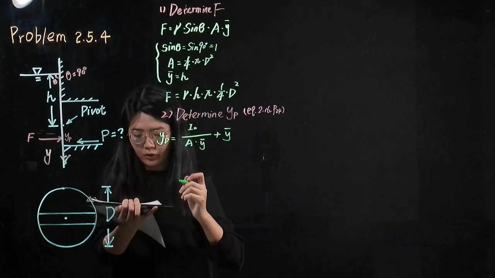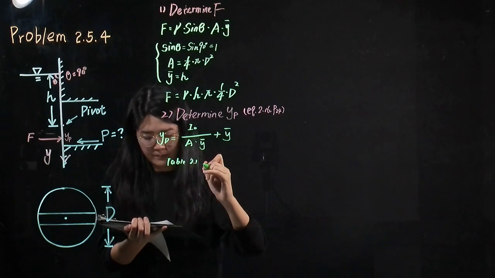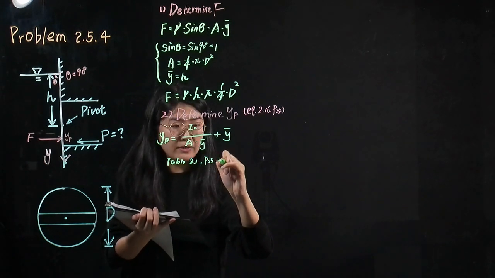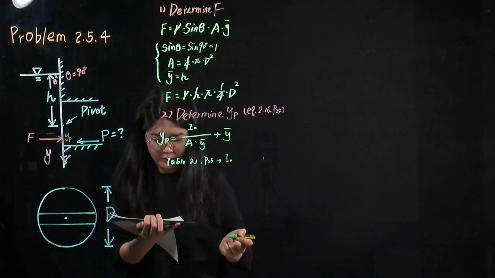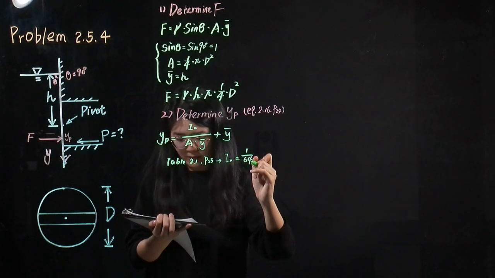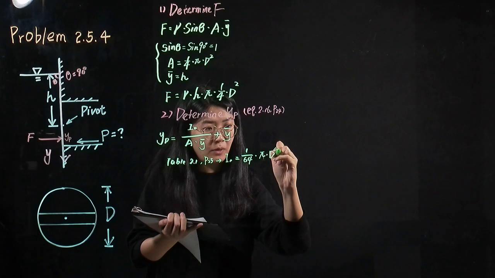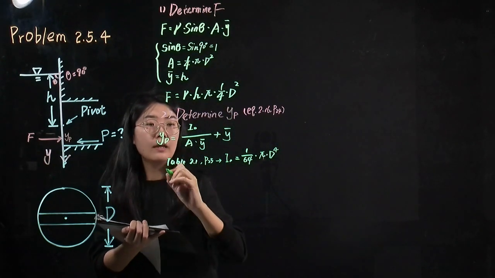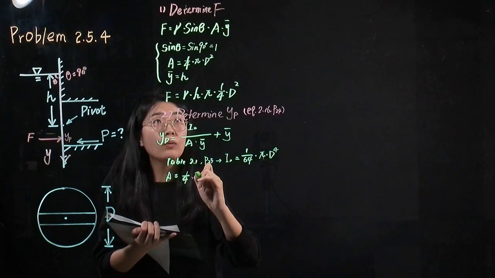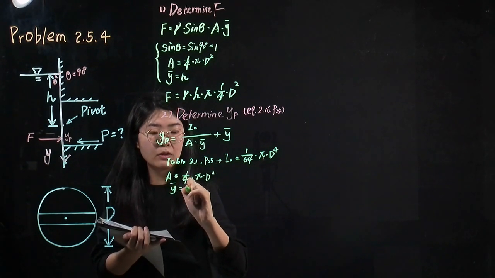And according to table 2.1 on page 25, we know that the moment of inertia equals 1/64 times pi times d to the power of 4, and the area is 1/4 times pi times d squared, and y bar is equal to h.